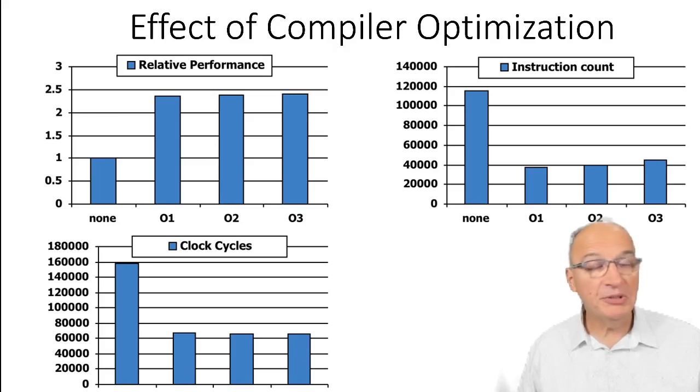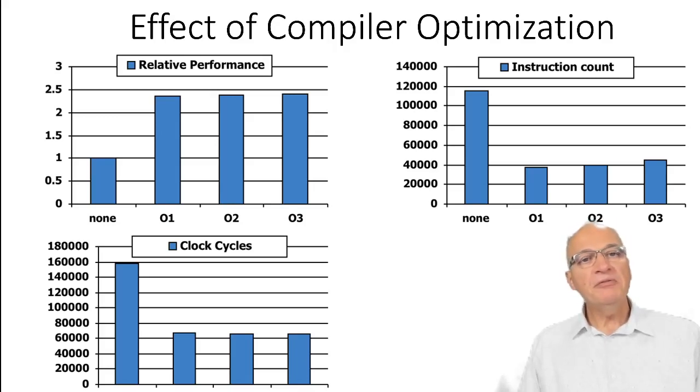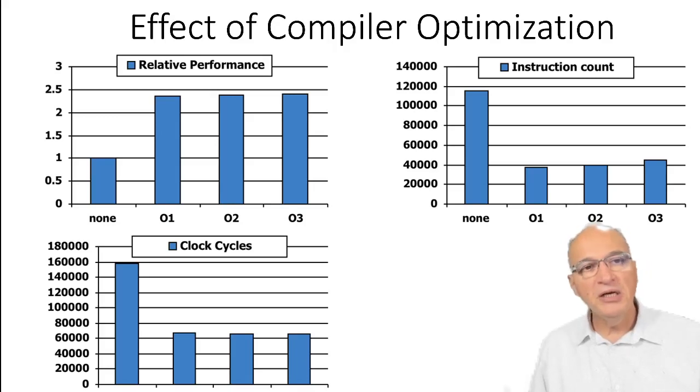So they are pretty much measuring the same thing. Now, if you look at the instruction count, that is the number of instructions executed by the program, it reduces significantly between no optimization and the O1 level of optimization.